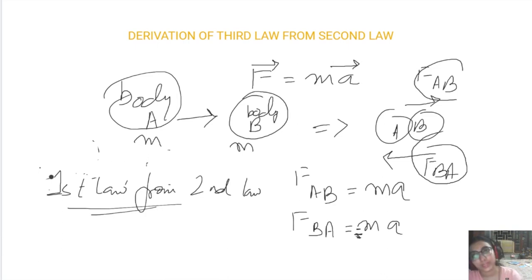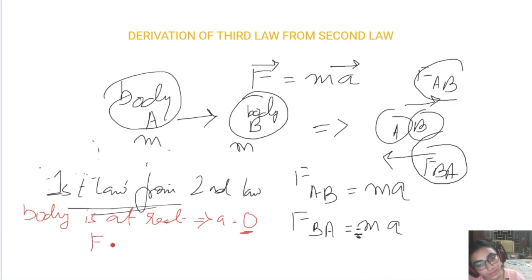So if we consider a body at rest, mind you, if the body is at rest, then what is its acceleration? Acceleration is 0 because it is at rest, right? So F equals M into A, which was the second law.